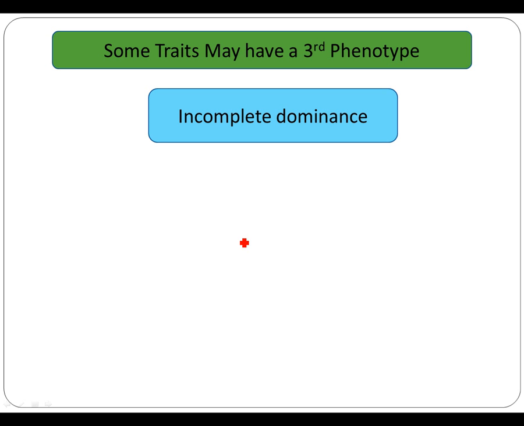You may actually see two dominant phenotypes expressed at the same time, and depending on what the trait is, it may be like a blending of the characters.